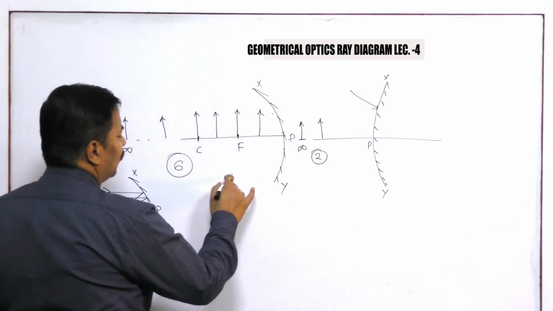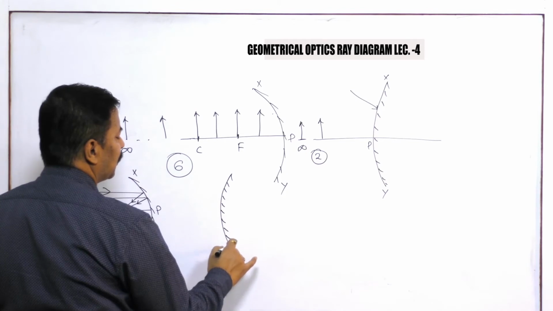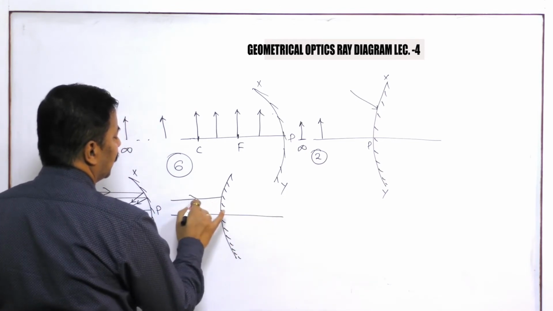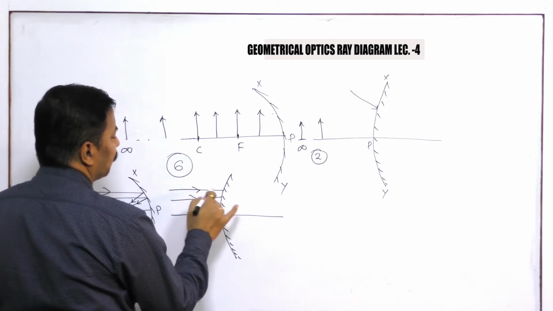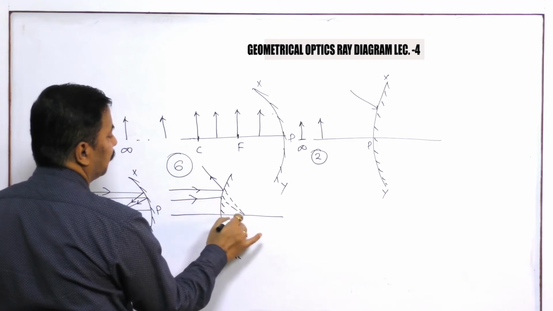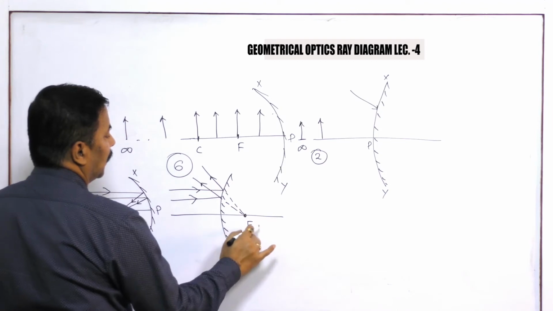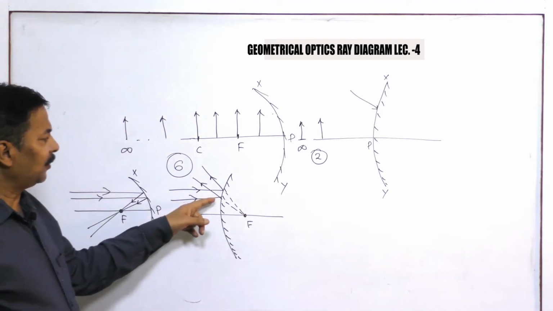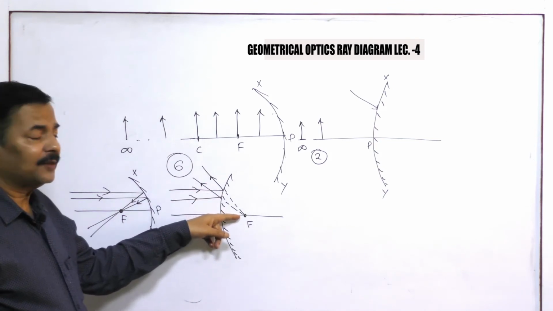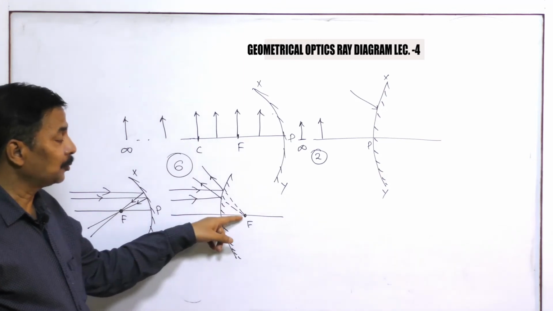In second case, you can see the convex mirror is there. Again the mirror is of a small aperture. In this situation, again the rays are parallel to principal axis. In this case, the point of intersection of reflected rays is not a real point, but it appears to meet at this point.